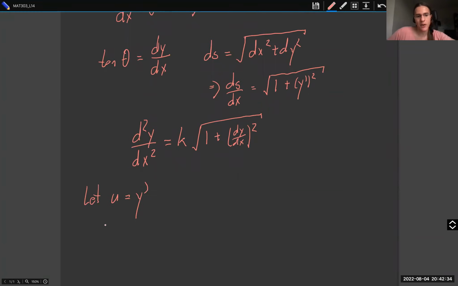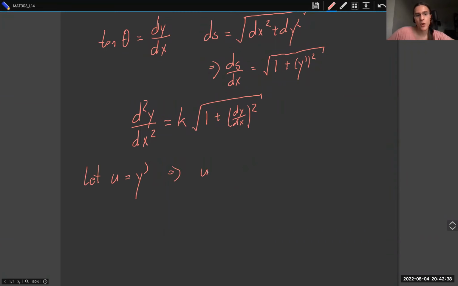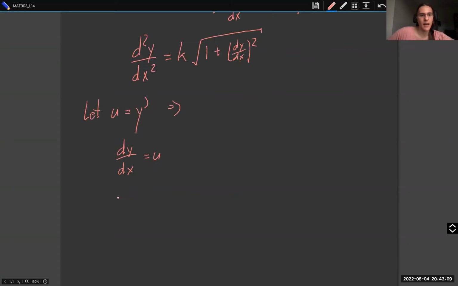Then the equations that we get are that dy dx is equal to u, and then this equation becomes du dx, where y and u are functions of x, is equal to k square root 1 plus u squared.